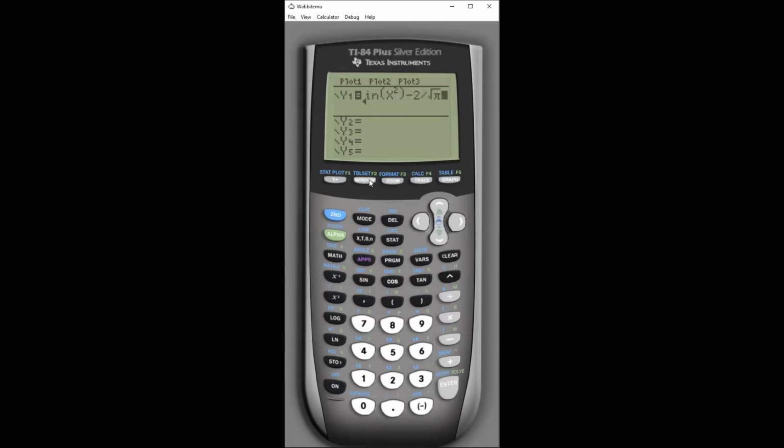And let's see what window we have. We need window from 0 to square root of pi. And let's graph this. We'll see how many solutions this equation has. And we can see that there are two solutions on the interval from 0 to square root of pi.